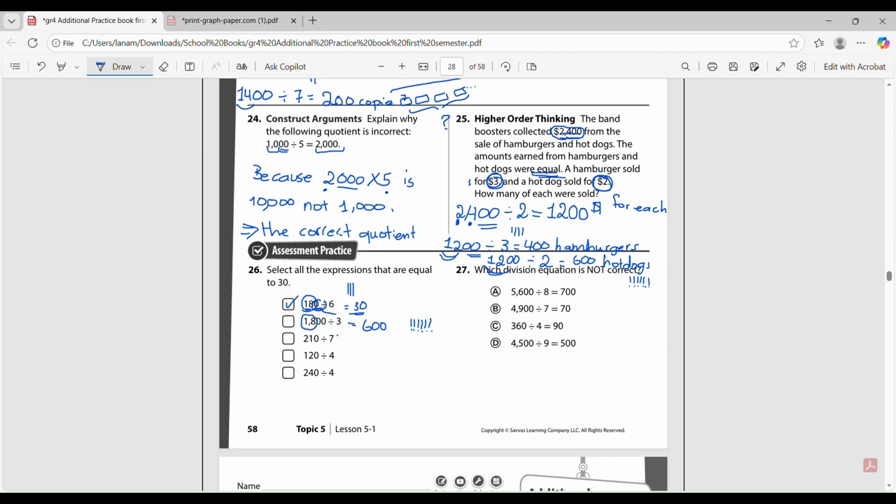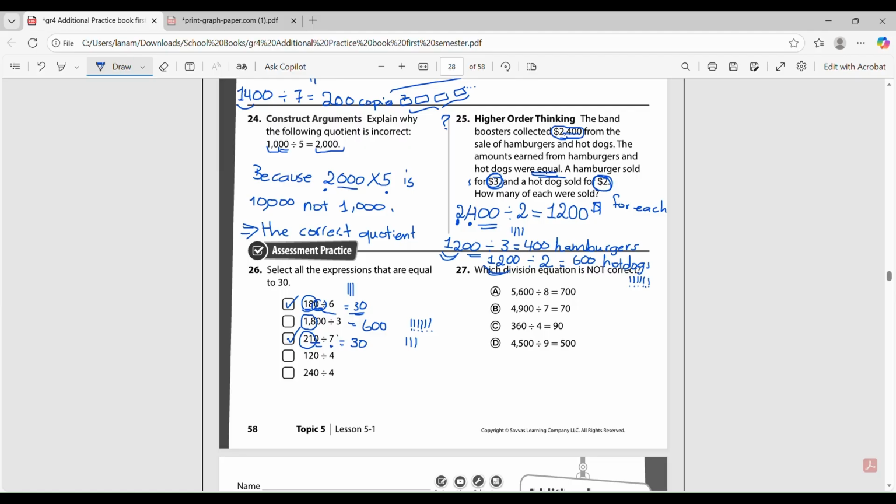Now the next one, 210 divided by 7. I have 21 divided by 7. Let's skip count by 7: 7, 14, 21. What's the answer? 3. And I still have 1 zero that I will take to the quotient. So 30. Is the answer 30? Yes.